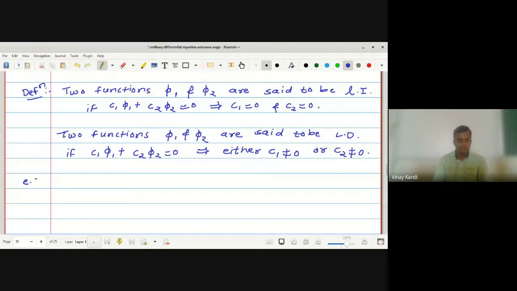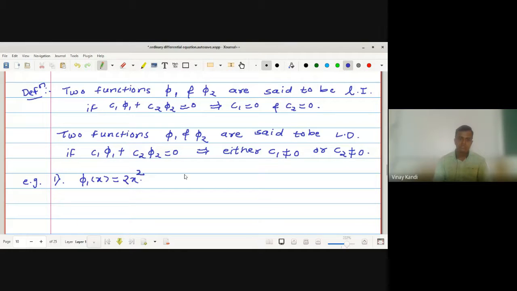Example number 1. Suppose phi1 of x is equal to 2x square. Okay, this is the phi1 of x.